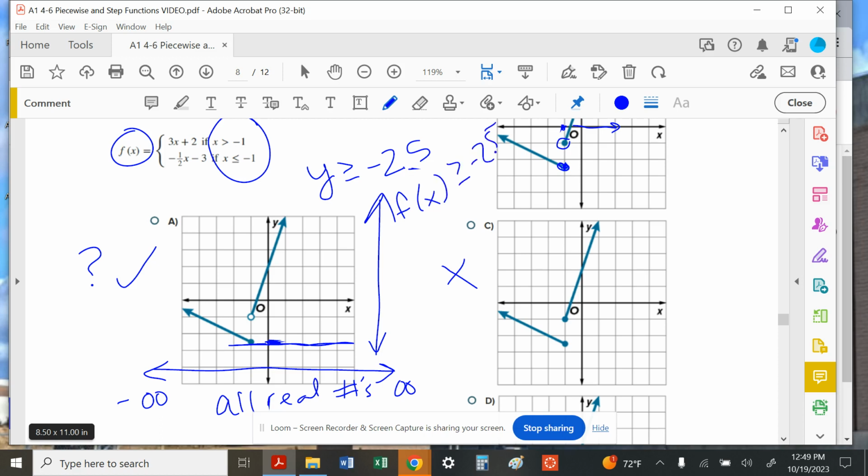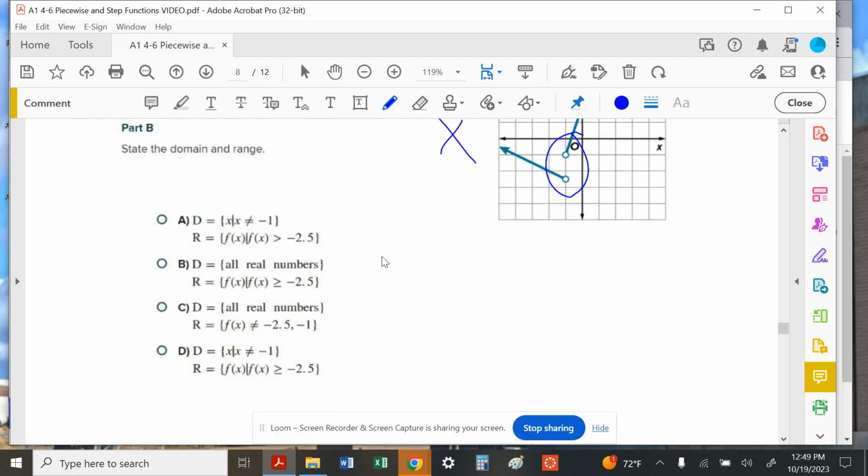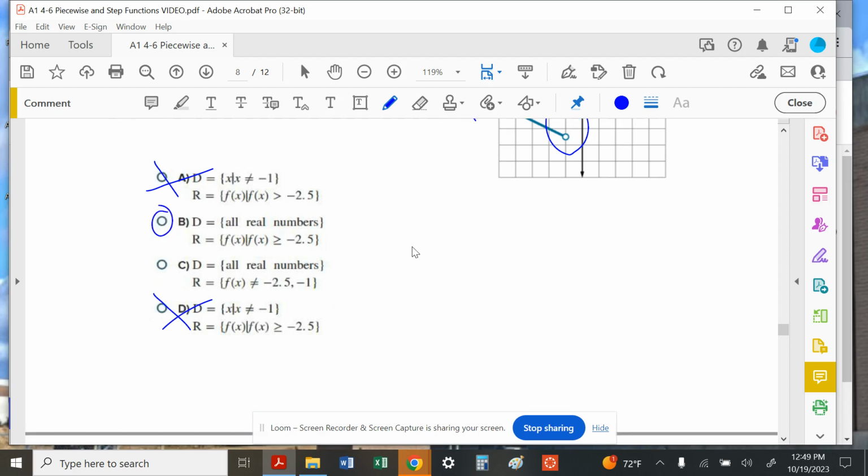Those two things mean the same thing. So let's look for that: all real numbers on the domain, greater than or equal to negative 2.5 on the range. Can't be that one, can't be that one, so it has to be this one right here, which would be B. Okay, so that is now the end of that problem.